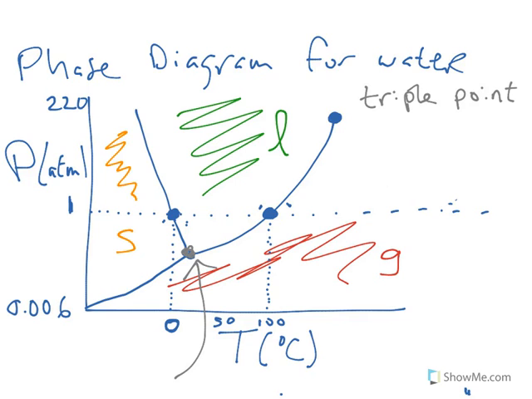And one way I've heard this kind of neatly put is that the solid exists in its boiling liquid, or a boiling liquid. So think about that for a second. It would be like ice sitting in boiling water and water vapor coming out above the boiling water. All right, that's called the triple point.